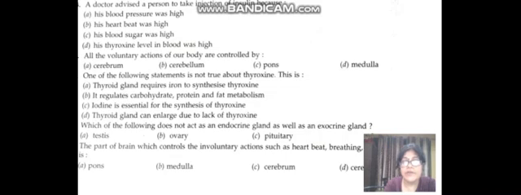Now, all the voluntary actions of our body are controlled by the cerebrum, pons or medulla? There are two types of actions performed by our body, voluntary and involuntary. Voluntary actions are those which we perform by thinking and deciding that we have to perform them. The actions which we do not think about and which the body performs automatically are involuntary actions.